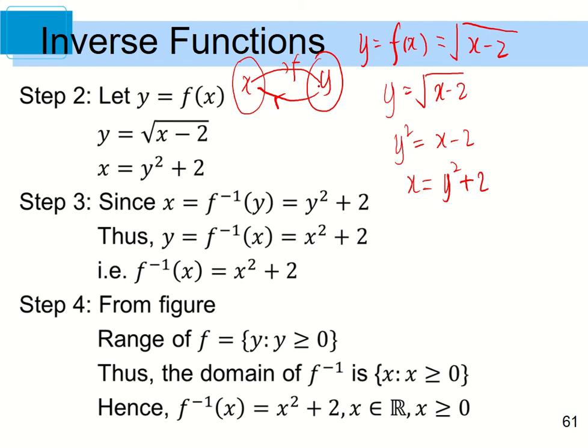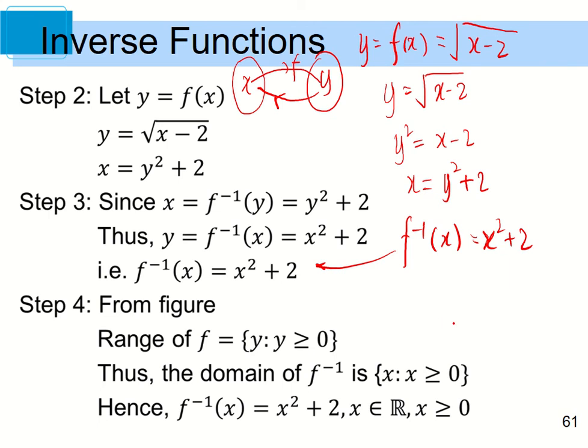Since y is the input, we change the input to x, so we can change this one to x as well. So we have x squared plus 2 if we let the input be x. This is the inverse function we are getting.